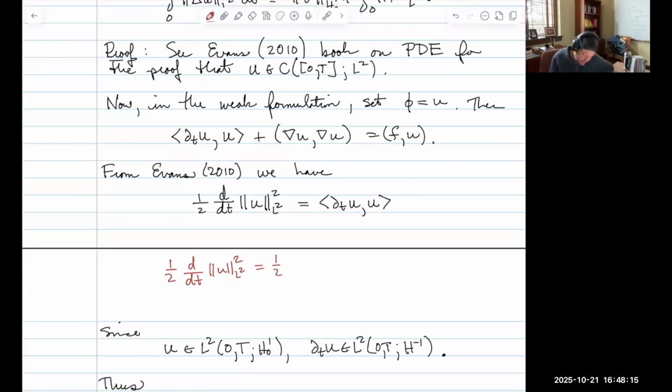This means one half d by dt of the u norm squared, but what? Oh, that's not right. It's not the temporal norm. It's space only still. It's the spatial norm.